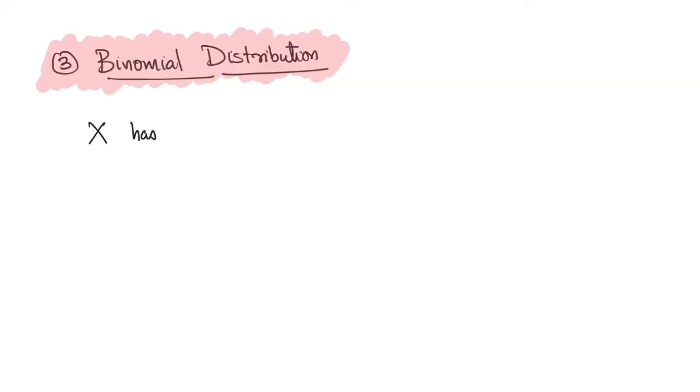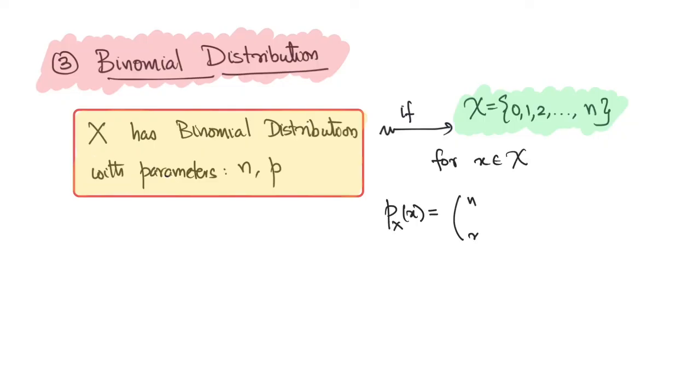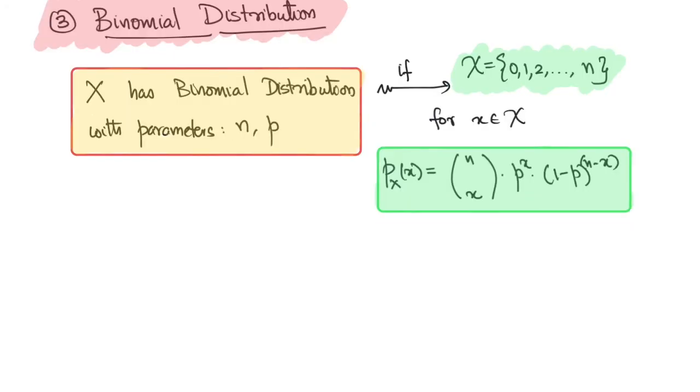We next talk about the binomial distribution. We will say that the random variable X has the binomial distribution with parameters small n and small p if the set of values equals the set 0, 1, 2 up to n, and if for any x inside script X, the probability of X equals small x is going to be equal to n choose x times p to the x times 1 minus p to the n minus x.